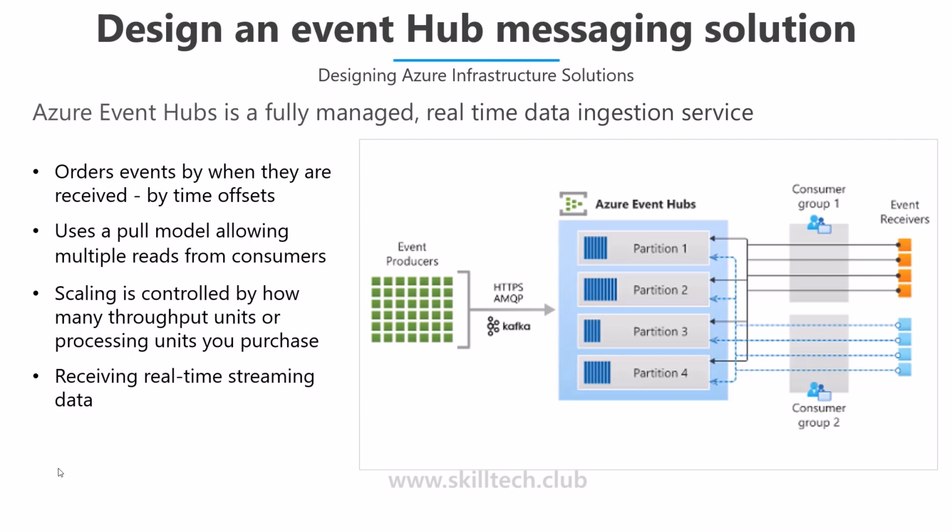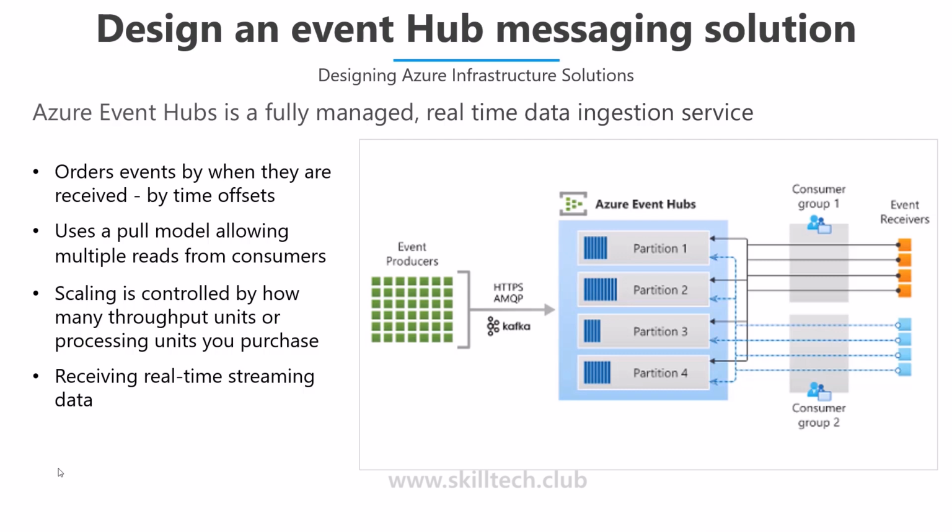In this case, this uses a pull model allowing multiple reads from the consumers, and that is why the communication is like that. The thin differences between the message broker communication model and this pull model of Event Hub are going to make a big difference in your application architecture and in the execution of the multiple events getting generated.